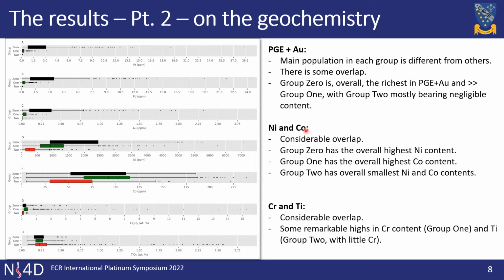Nickel and cobalt, the chalcophile elements, show considerable overlap. They're not really that distinguishable. Group 0 has the overall richest nickel content, Group 1 has the overall highest cobalt content, and Group 2 has the smallest content in general. Regarding chromium and titanium, there is considerable overlap, with some remarkably high values in chromium content in Group 1, and substantially high titanium values for Group 2 with little chromium associated with it.